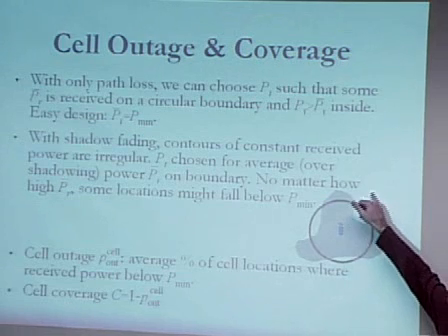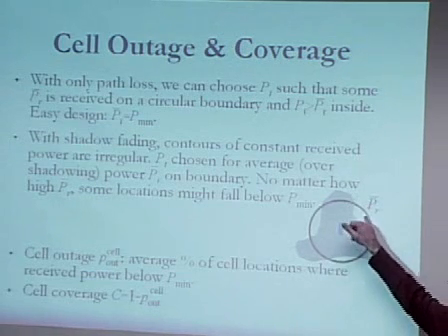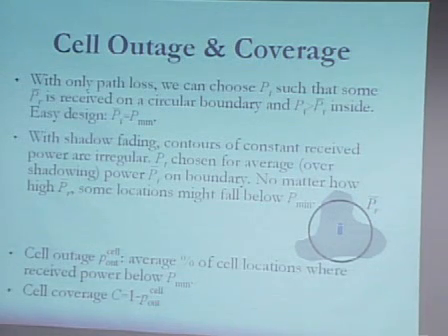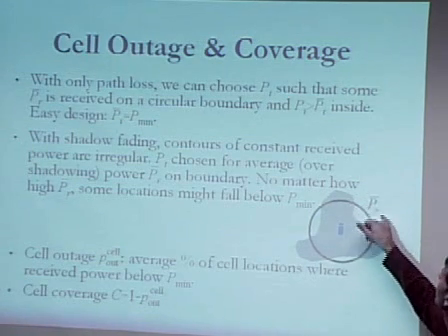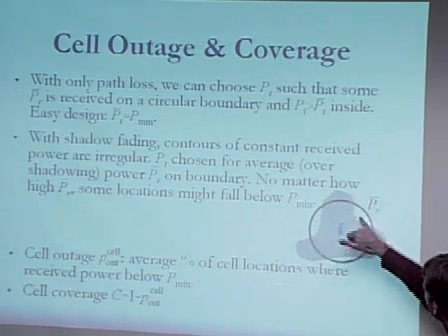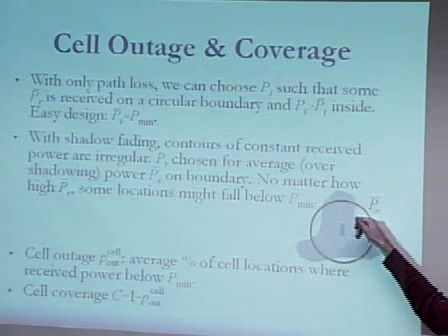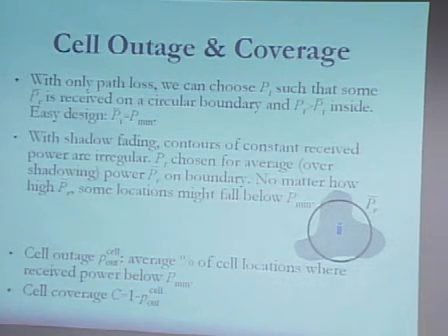But even if this PR bar is much bigger than P min, some bad places are still going to be in outage, right? For example, basements or elevators, places like this. There's nothing we can do about those places. No matter how big we make PT and PR bar on the boundary of the circle, some places inside the circle are just going to be out of coverage anyway.